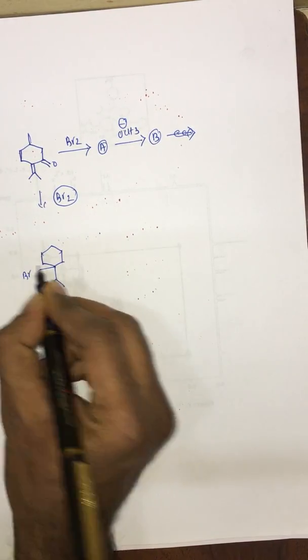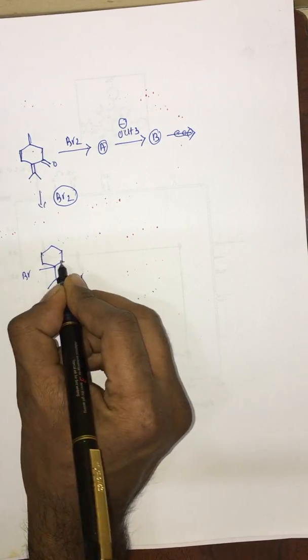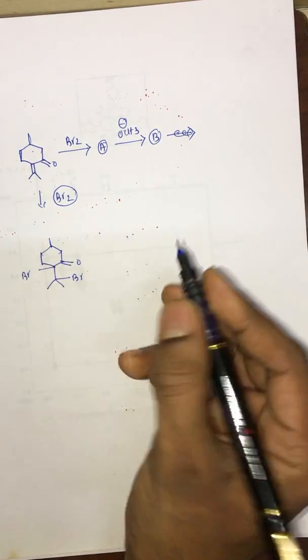One bromine will be this side, another bromine will be this side, double bond.